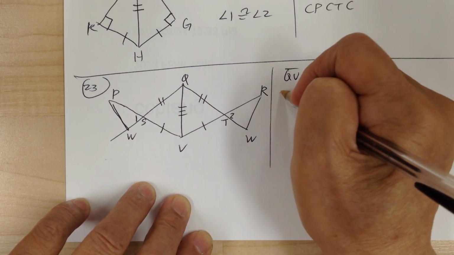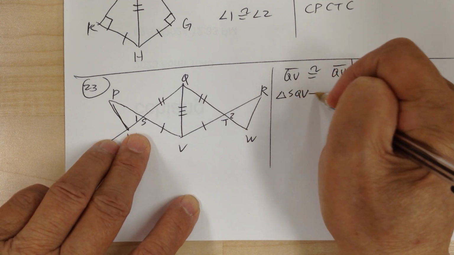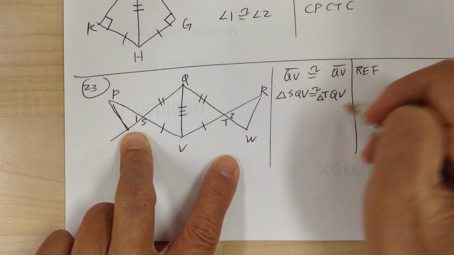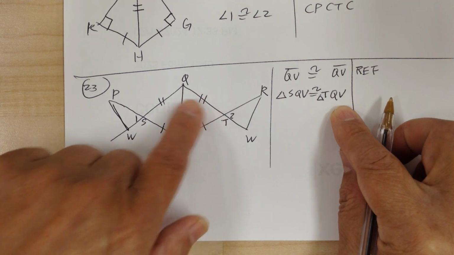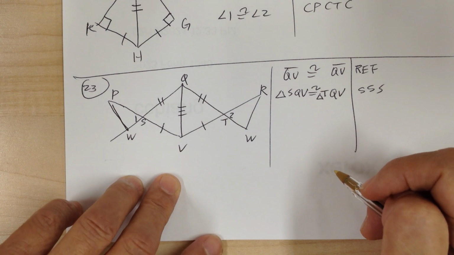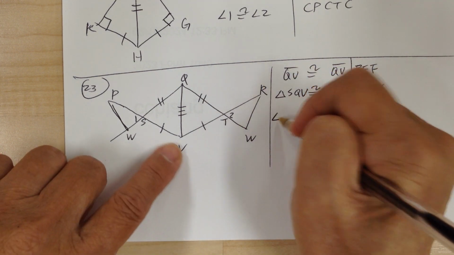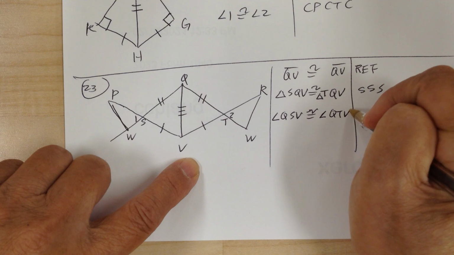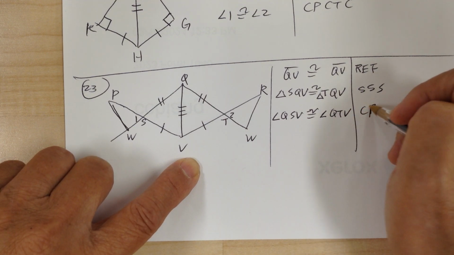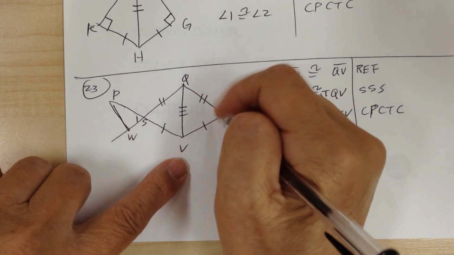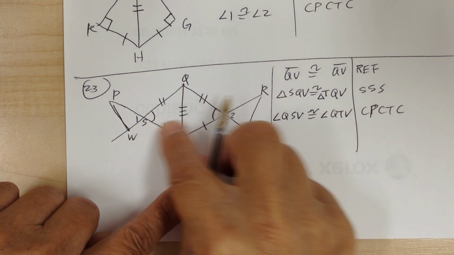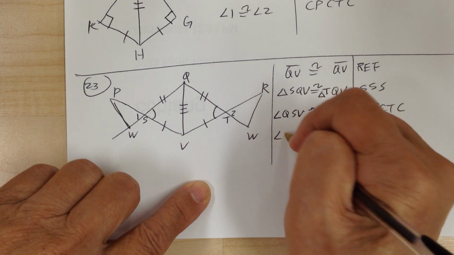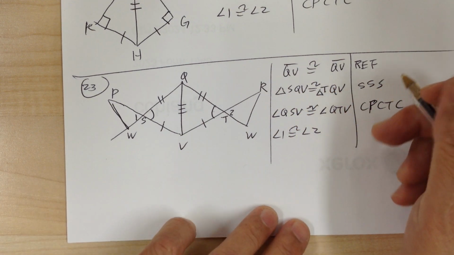After that, triangle SQV is congruent to triangle TQV, matching up carefully, and the reason is SSS. Now you can say angle QSV is congruent to angle QTV, and that would be CPCTC, because corresponding parts of congruent triangles are congruent.